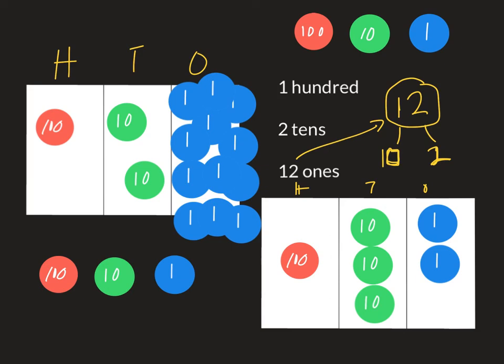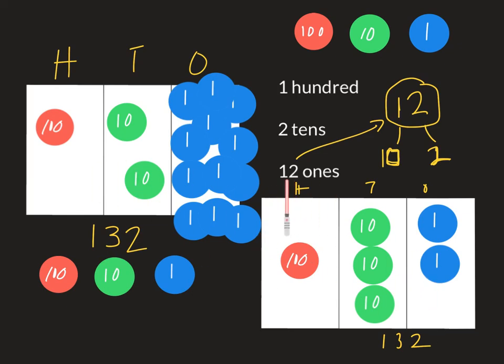So on the left side, we ended up with 132. Now let's count on the right side to see if we get the same number. If we did, we know that we split up our numbers correctly. 100, 110, 120, 130, 131, 132. So our two sides match. That means they're the same thing.